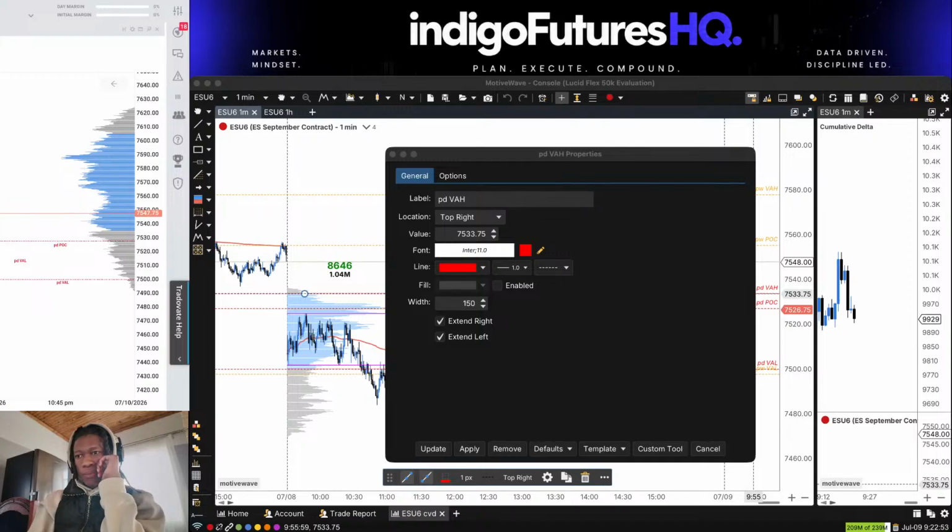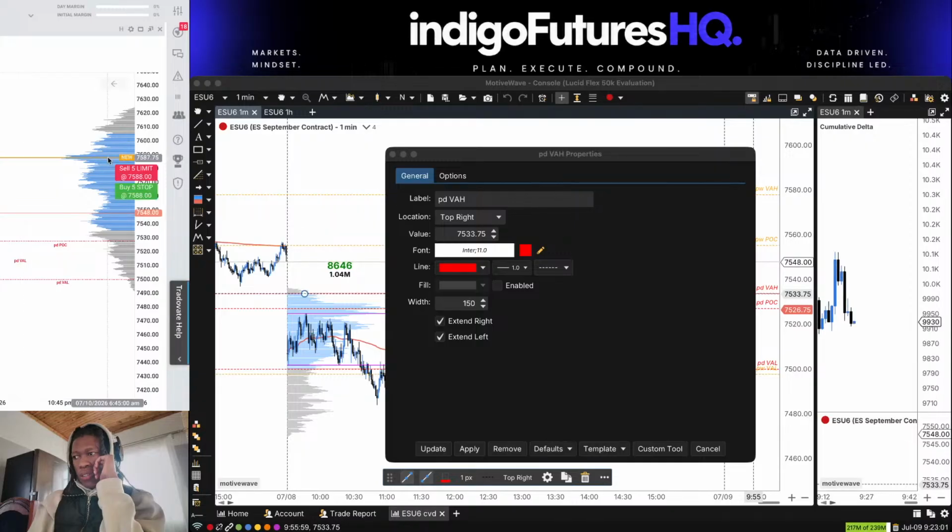And one thing I don't know how to do is disable things once I have them set on the chart. It is clunky though, I'm not going to lie.